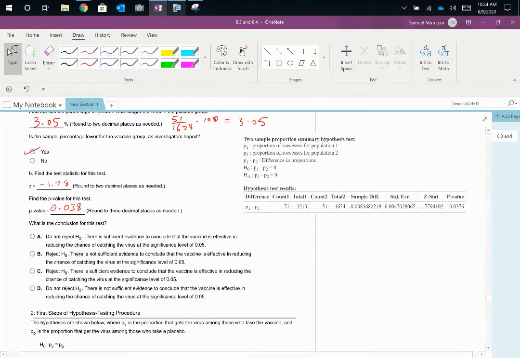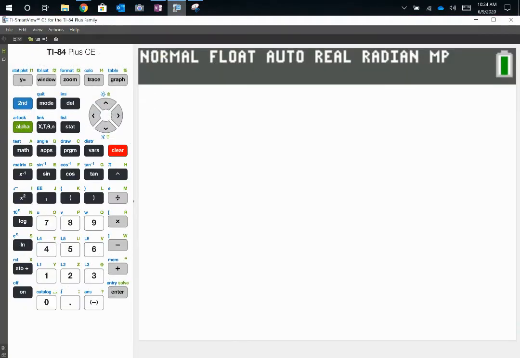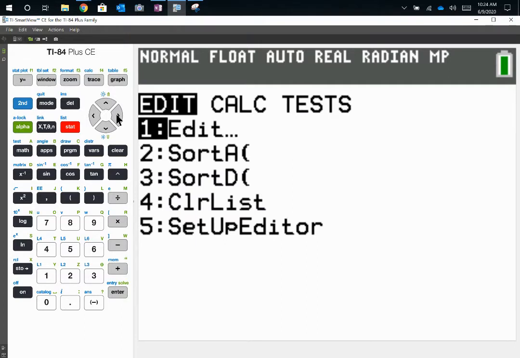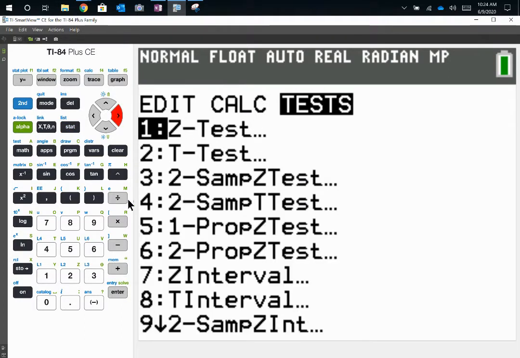Here we go. All right, so we're going to press the Stat button, scroll over to Test, and select two proportion z-test, number 6.